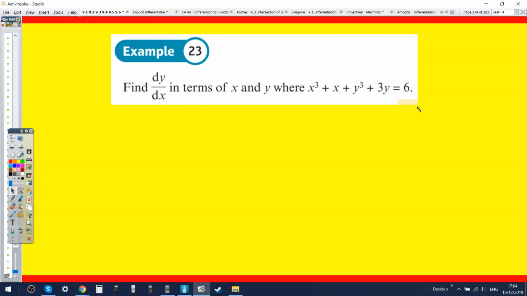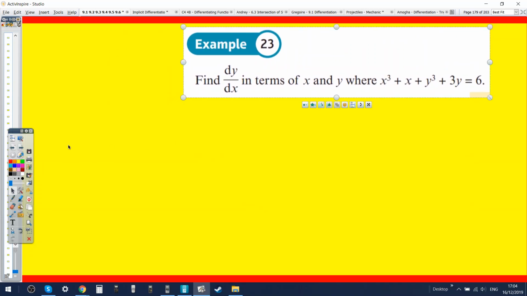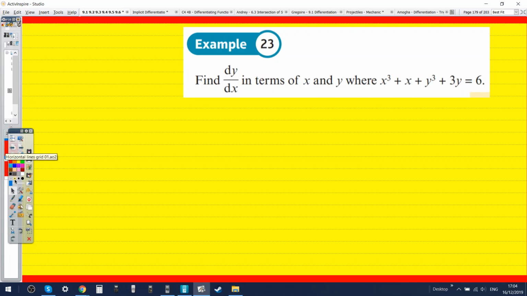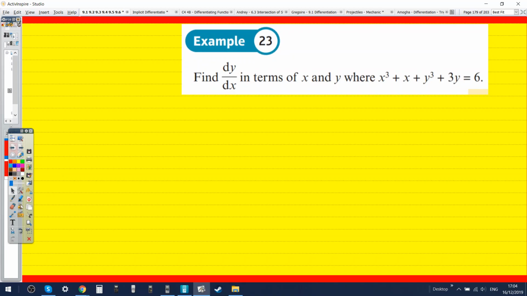Any idea how you do this? I don't really know how to do this. In your previous one, you rearranged it first. The purpose of implicit differentiation is so you don't have to rearrange it. What is the derivative of x cubed? 3x squared. Yeah, keep going.